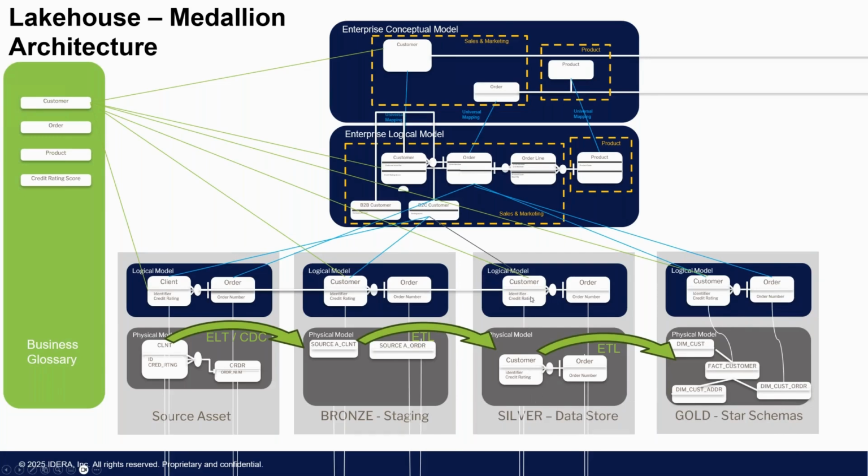It should reflect pretty much identically the structure of that enterprise logical model. So if we've already got an enterprise logical model, then creation and design of the silver layer should be relatively easy. The star schemas use a different approach, so we'll talk a little bit about how we refactor this third normal form logical model into fact tables and dimensions.